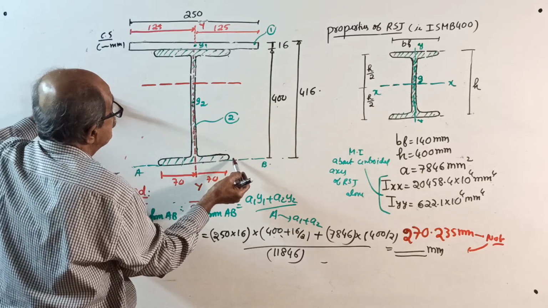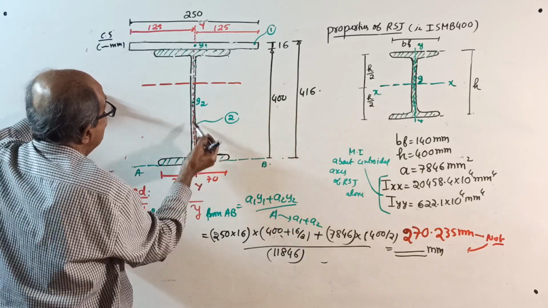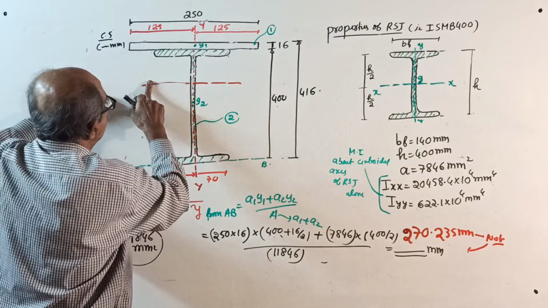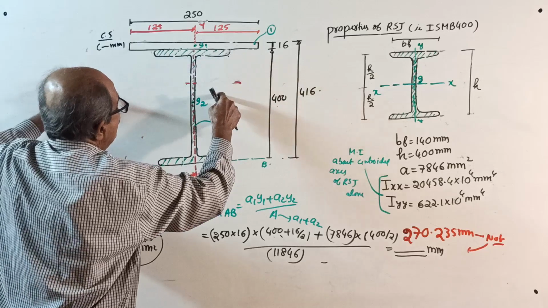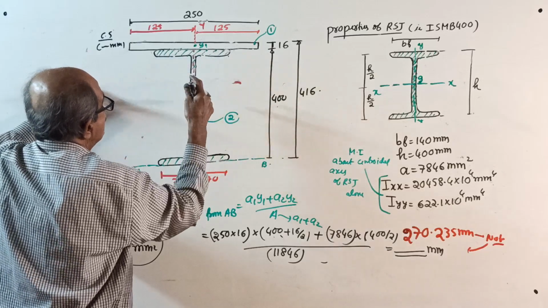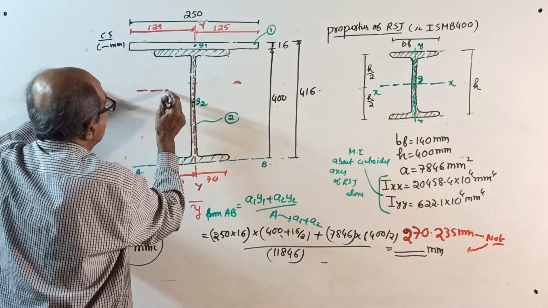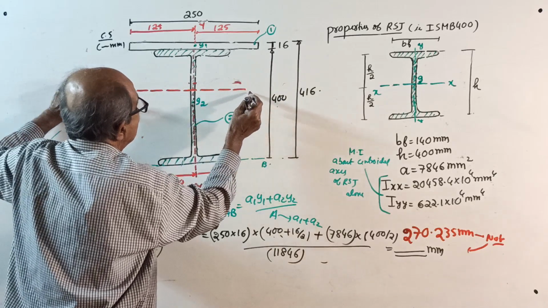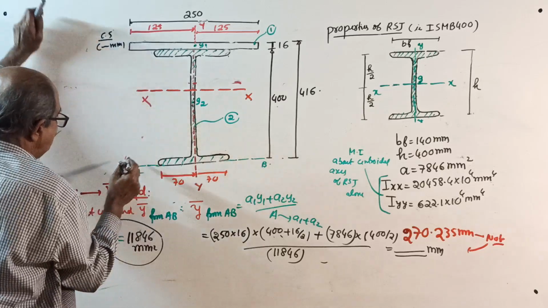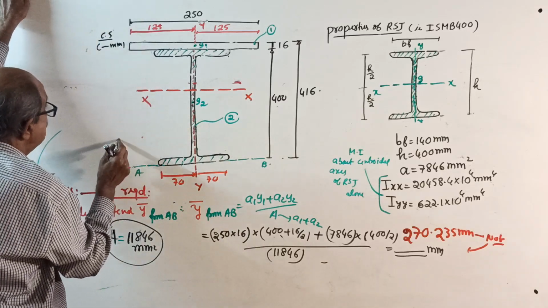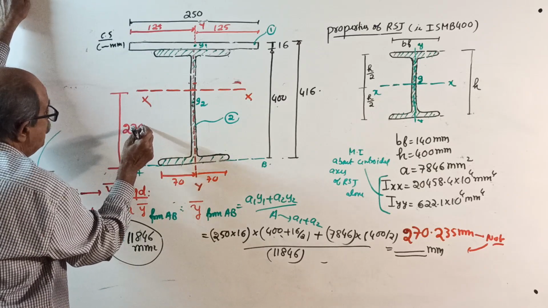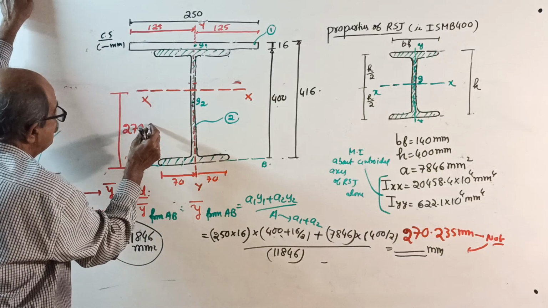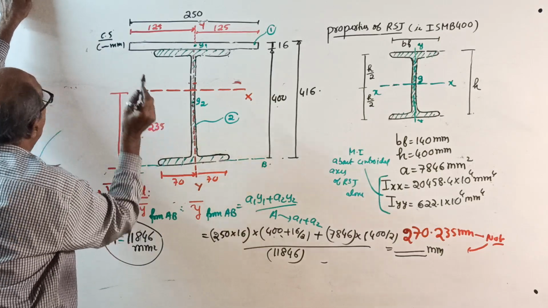Okay, no problem, this is 270 more. This is your x-axis. From the bottom edge, you got up to here, 270.235 millimeter. All in millimeter.